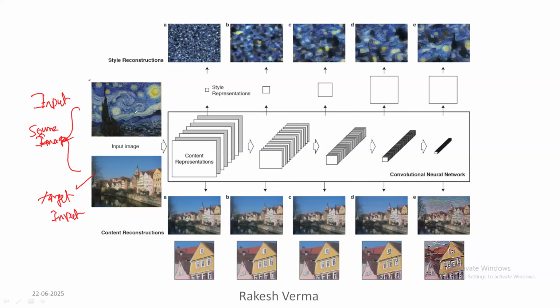So we take those two images, then we represent the content in matrix form, and then perform the convolution operation, then max pooling, and multiple operations are there. All the operations: convolution, max pooling, stride, again convolution. So we apply a sequence of operations for both images, the source image and the target image.